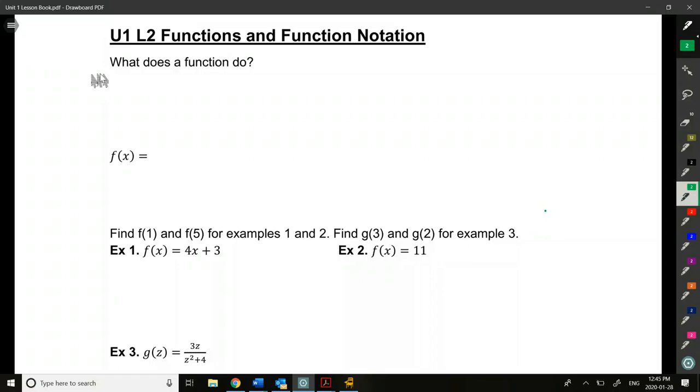So this is kind of what I want us to think of a function as. It's going to be a machine. It takes something in, it will perform a set of operations. Now our operations aren't things like freezing, but our operations are multiplying, dividing, adding, subtracting, squaring, maybe. All those different kinds of operations that we do in math. So think of a function like a machine.